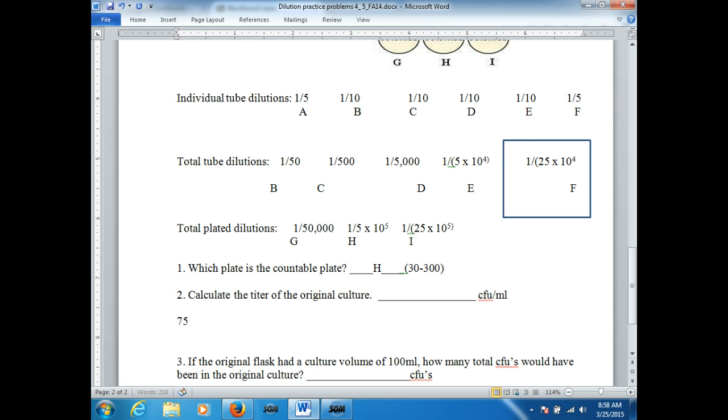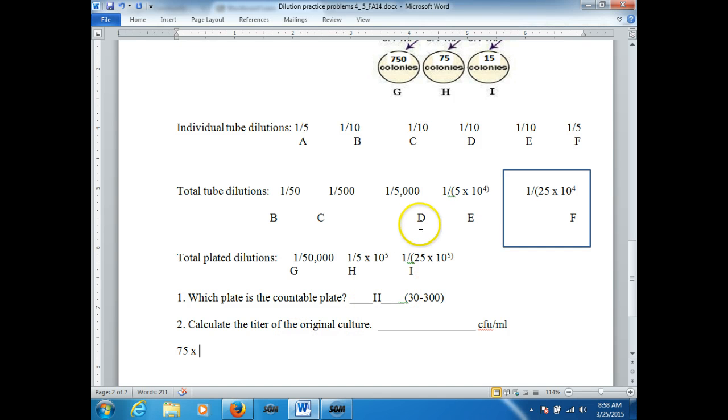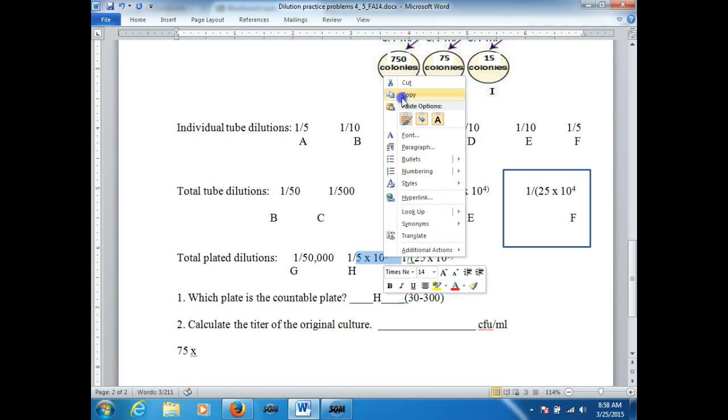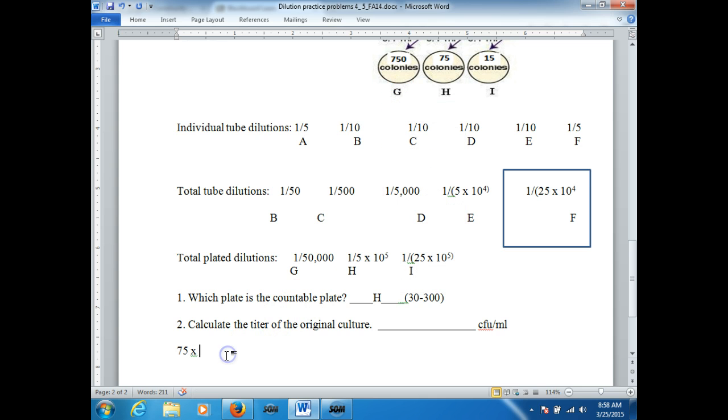Whatever that plate is, plate H, we want the bottom, 5 times 10 to the 5th. So that's going to give us 3.75 times 10 to the 6th.